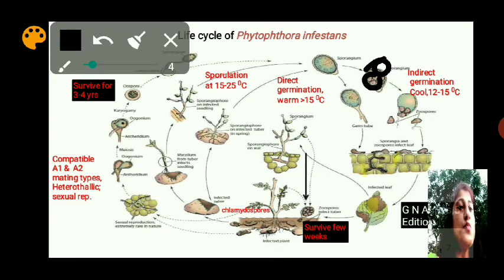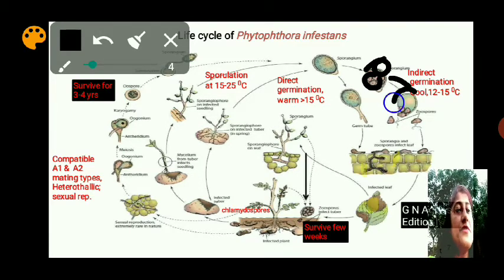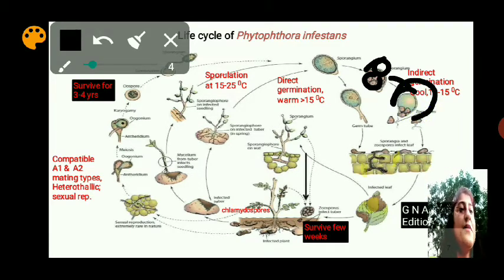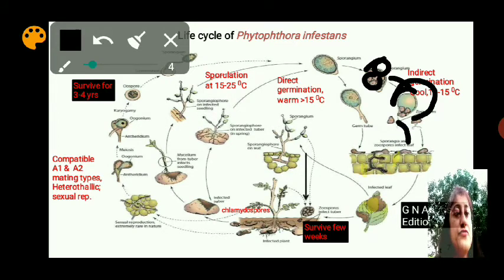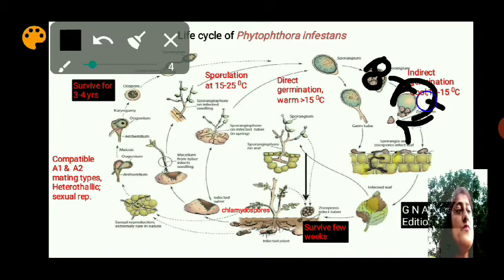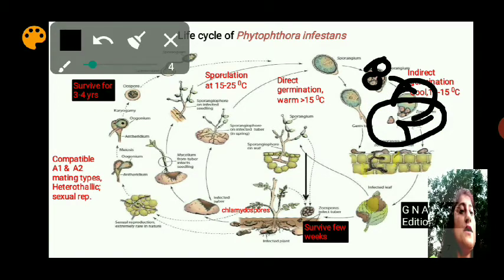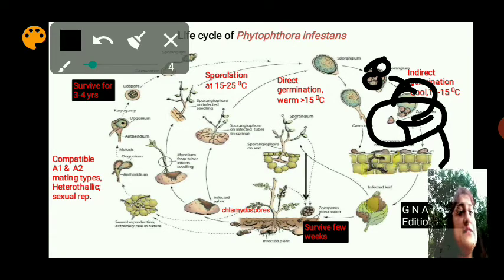On attaining maturity, they are released from the vesicle of the sporangium, and on being released they show their two flagella and keep swimming in water until they reach a suitable host, when they withdraw their flagella and produce germ tubes.